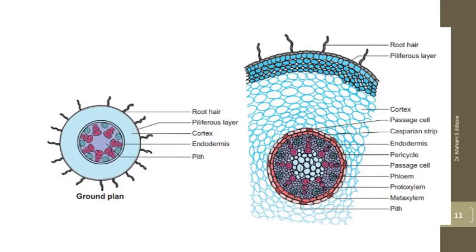Endodermis is the innermost layer of the cortex. Then pericycle, which surrounds the vascular tissues. Vascular tissues include phloem and xylem. Xylem is of two types, protoxylem and metaxylem. And in the center, pith is present. This is the ground plan of the diagram: root hairs, piliferous layer, cortex, endodermis, pith, and in pink and blue, the xylem and phloem, which alternate with each other.